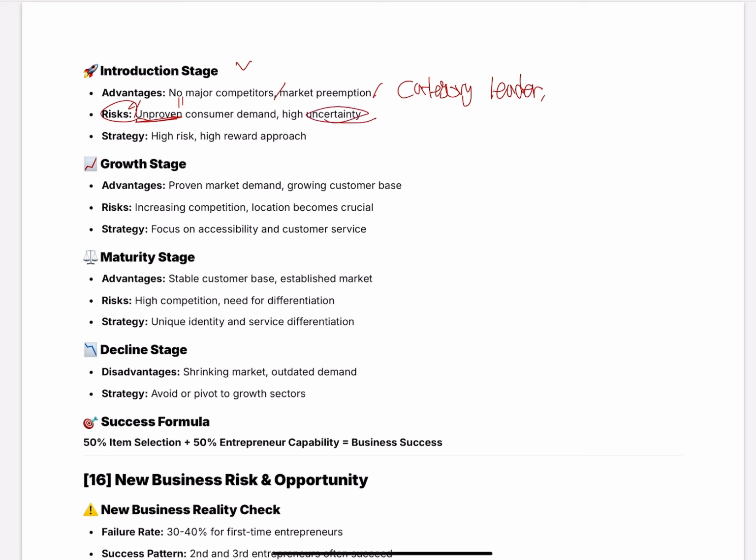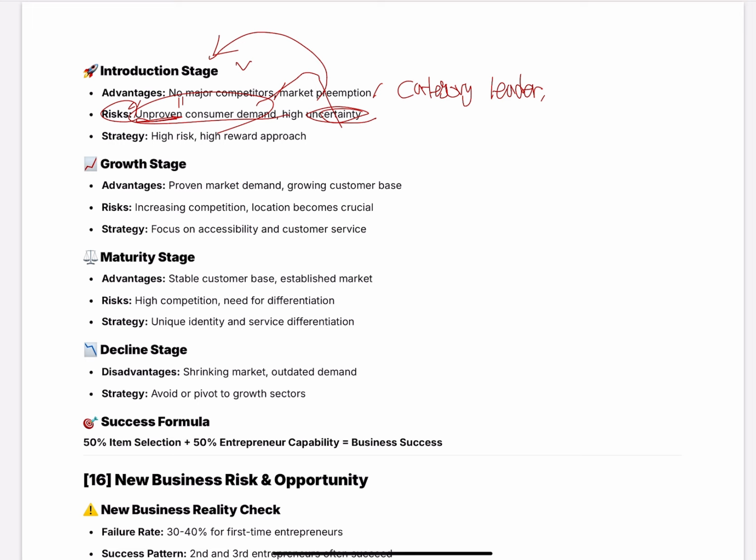So high uncertainty and unproven consumer demand are the main risks of the introduction stage. The strategy here is high risk, high reward. You need sufficient capital to sustain yourself while the market develops, and you need to be prepared for the possibility that you are ahead of the market.